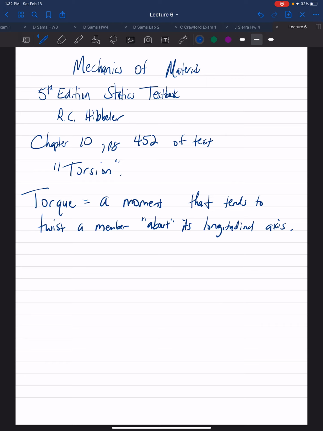And we are considering this in the design of drive shafts, we'll say, that are used in machinery.